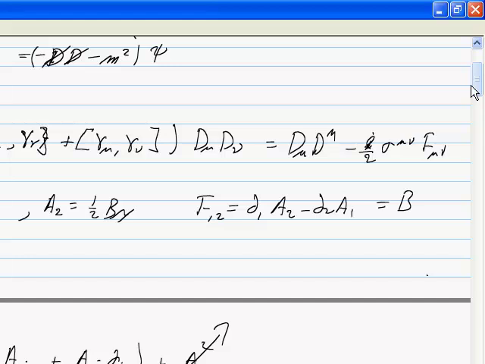So D_1 acting on A_1, there's no x dependence. So keeping the order consistent, it doesn't make any difference with this B field.